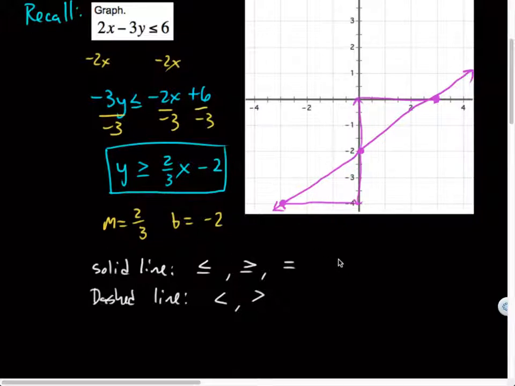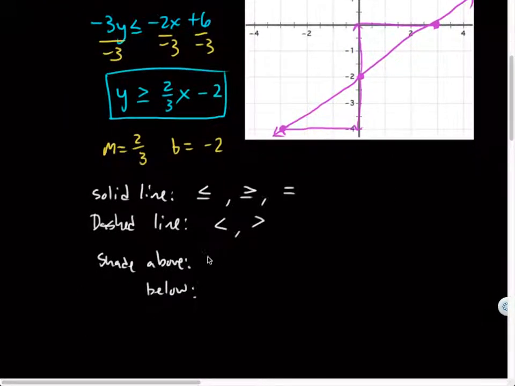So which way do I shade? Do I shade above or below in this case? Above. How do you know? Because y is greater than. It's a y relationship first of all, so it's vertically oriented. A y relationship, y is greater than, sounds like y is above, right?